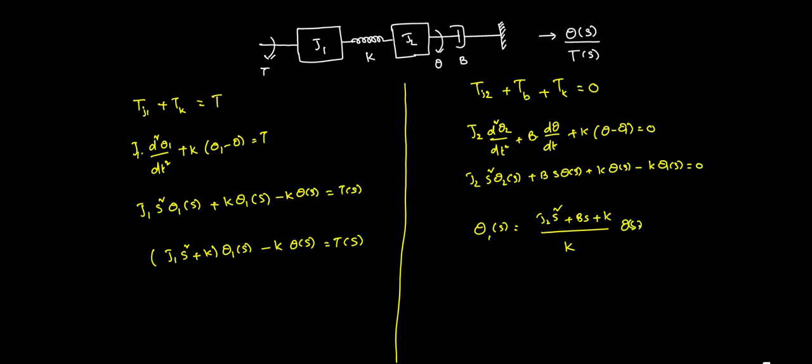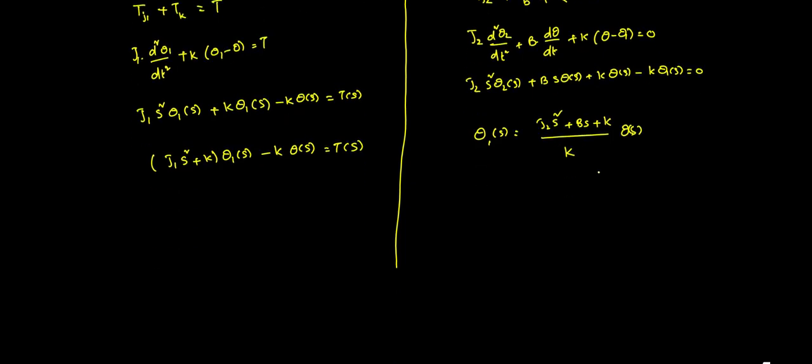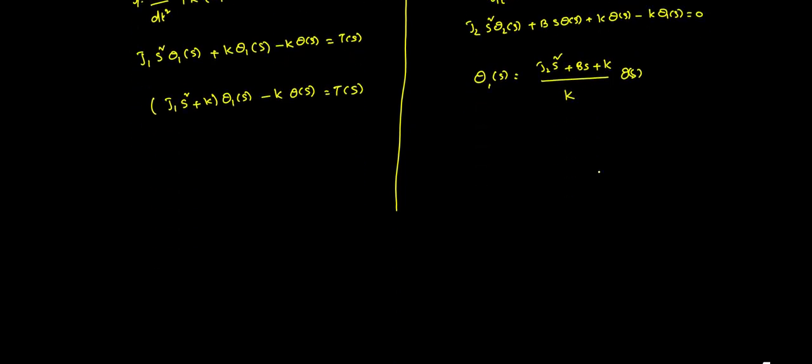Taking those two equations into consideration, where theta 1 is there and theta is there, here what I can write is J1 s square plus K into theta 1.